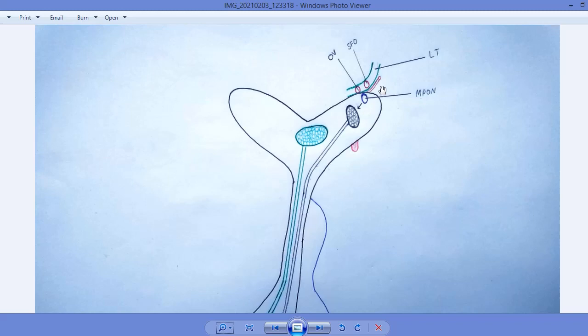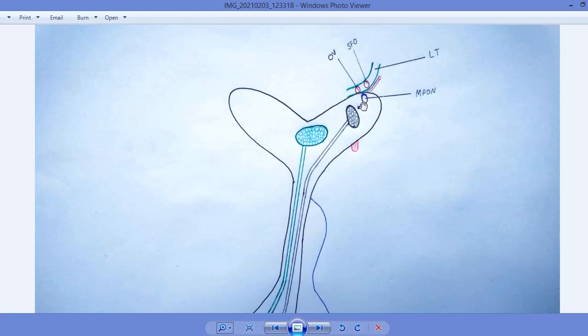When there is hyperosmolality of the blood, when the concentration of solute is very high and the concentration of water is very low, shrinkage of these cells occurs, and the shrinkage of these cells can activate or stimulate the median preoptic nucleus. And what does the median preoptic nucleus do?